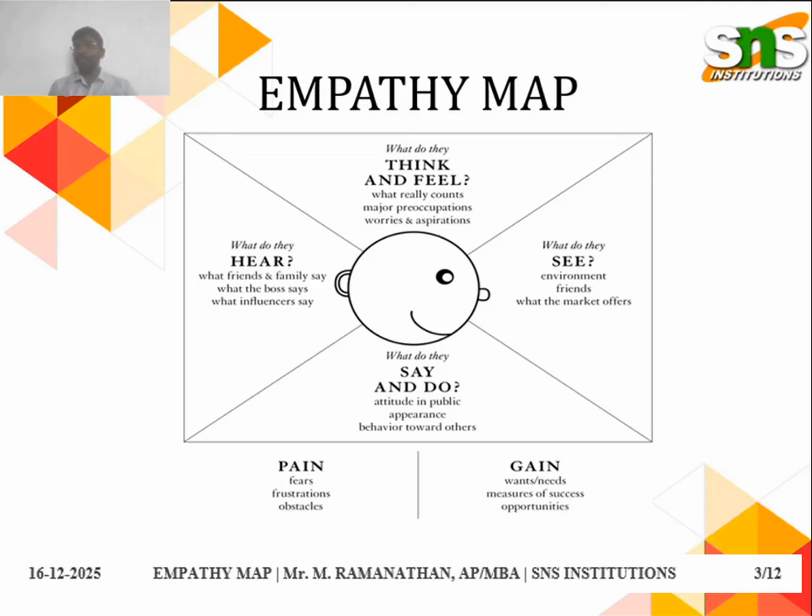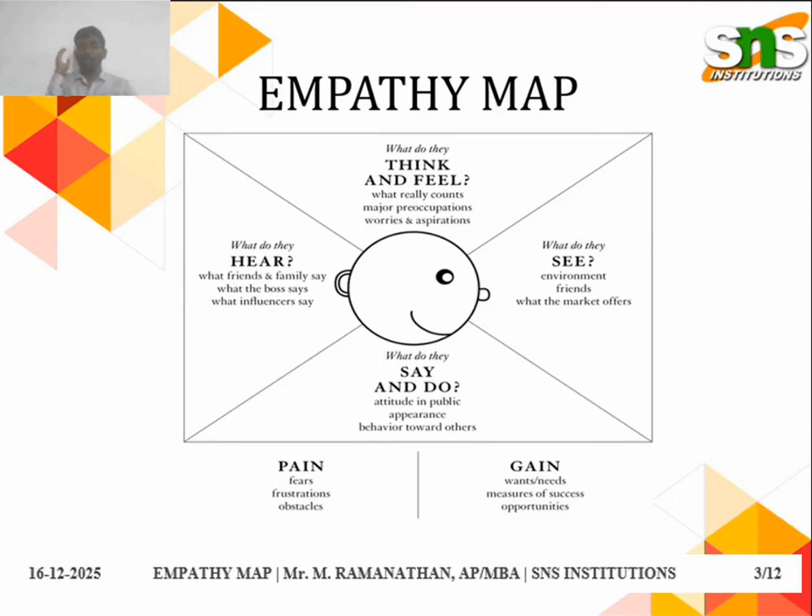With that, I can give my suggestion or take my observation into consideration: whether the product is good enough, what they are trying to say, what it's going to do, what the particular function of the product is, and what additional features are in that product. These are the things I can take out. So these are the 4 quadrants of the empathy map.